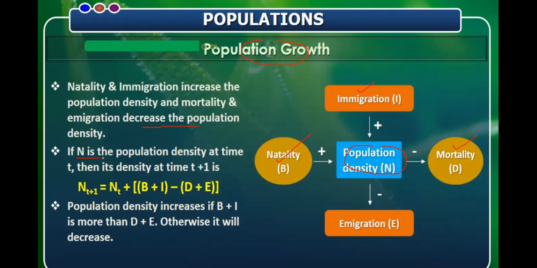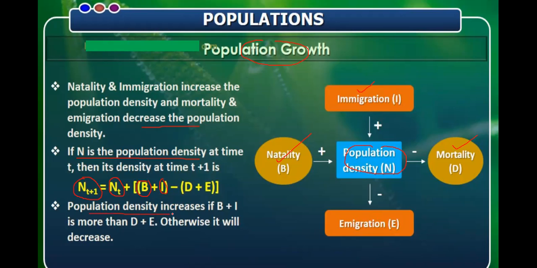If capital N is the population density at time t, then its density at time t plus 1 will be N t plus 1. Population density after time t plus 1 is the original population, that is N t, the population at time t, plus birth rate, natality, plus immigration, minus mortality, death rate, minus emigration.